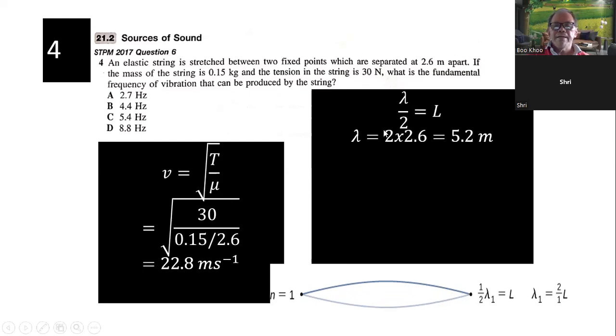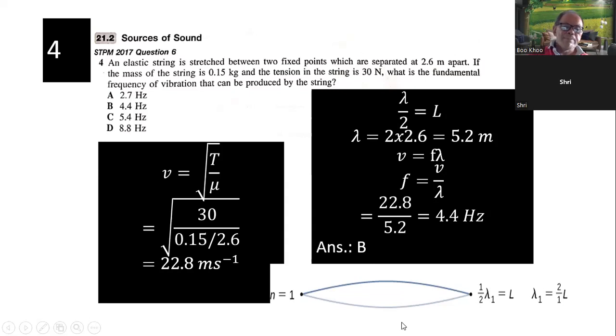So you can calculate your lambda. Take a 2 across there. L is 2.6, so 5.2. Then calculate your frequency. Frequency is speed over lambda. Put in your value. That's your speed there, that's your wavelength. So answer is B. Can check.